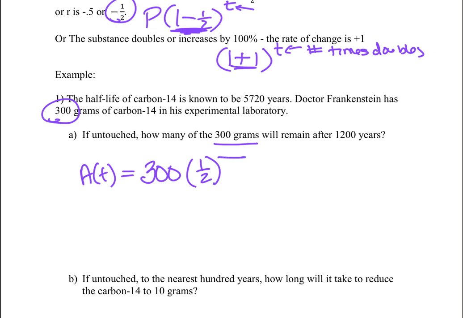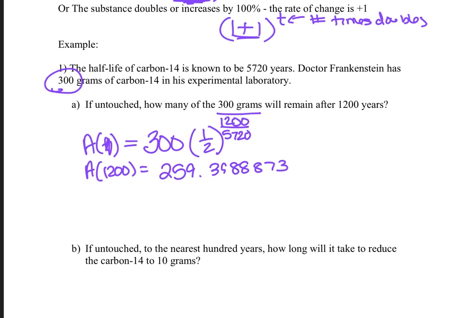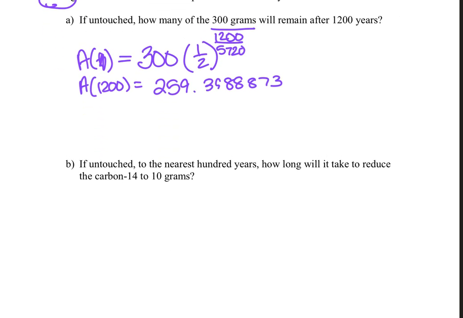The top number is how much time we're allowed, so 1,200 years, and the bottom number is the half-life. Then you just figure it out. They want A of 1,200. If we do the math, it's 259.39888873. If I didn't ask what to round to, you just write the whole thing. That's just poor writing on my part.